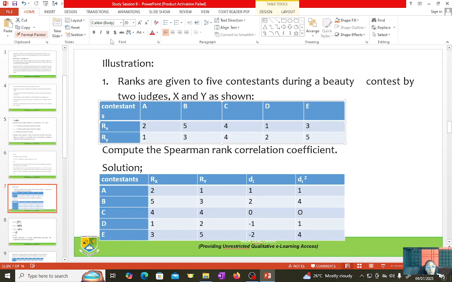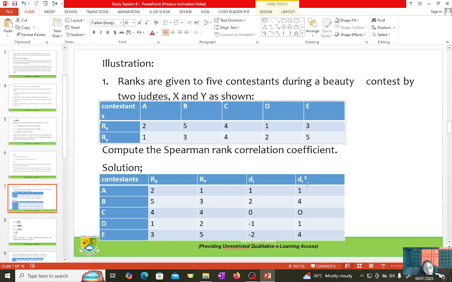And then going to look for the difference in ranks. The difference in rank simply means rank of x minus rank of y. 2 minus 1, we have 1. 5 minus 3, we have 2, and so on. After obtaining the difference in ranks, you go ahead to square these differences.